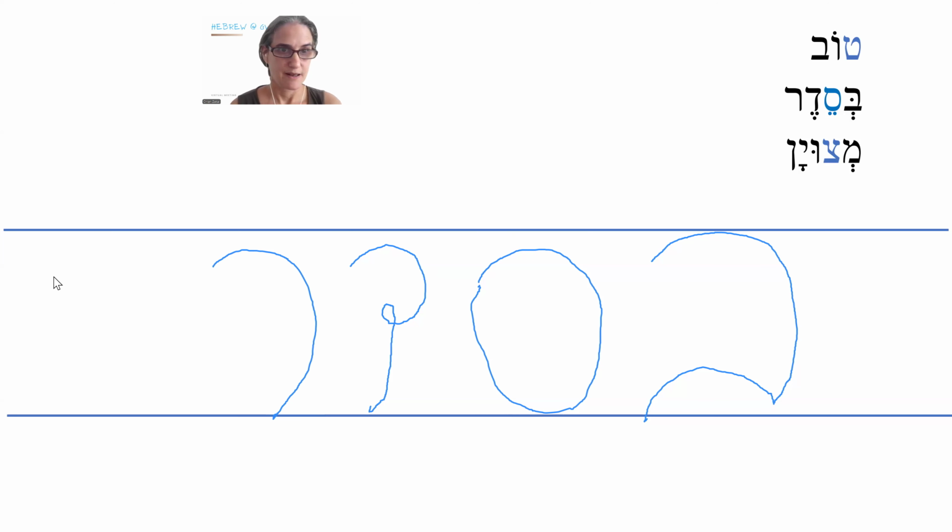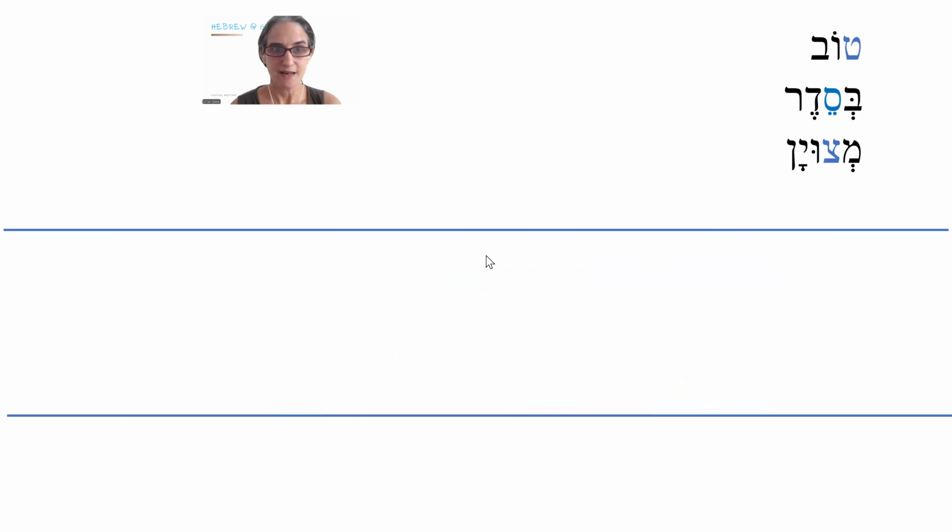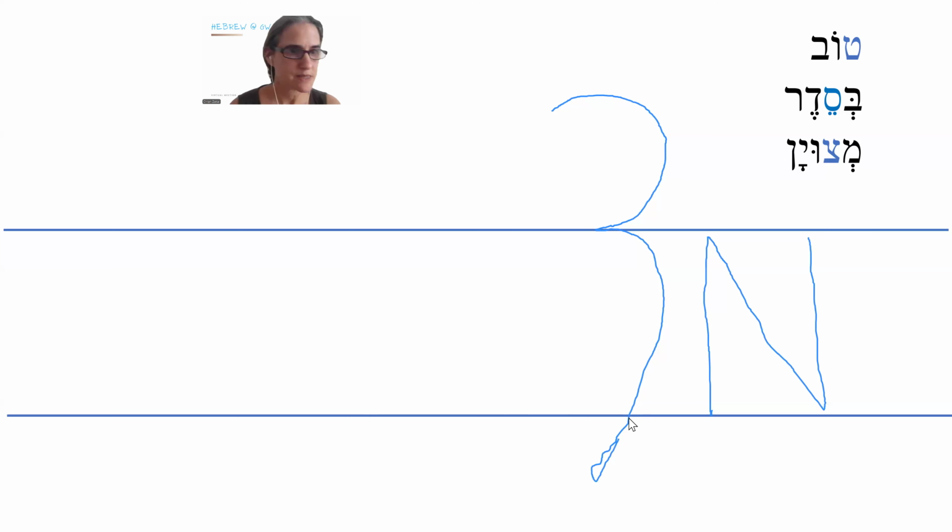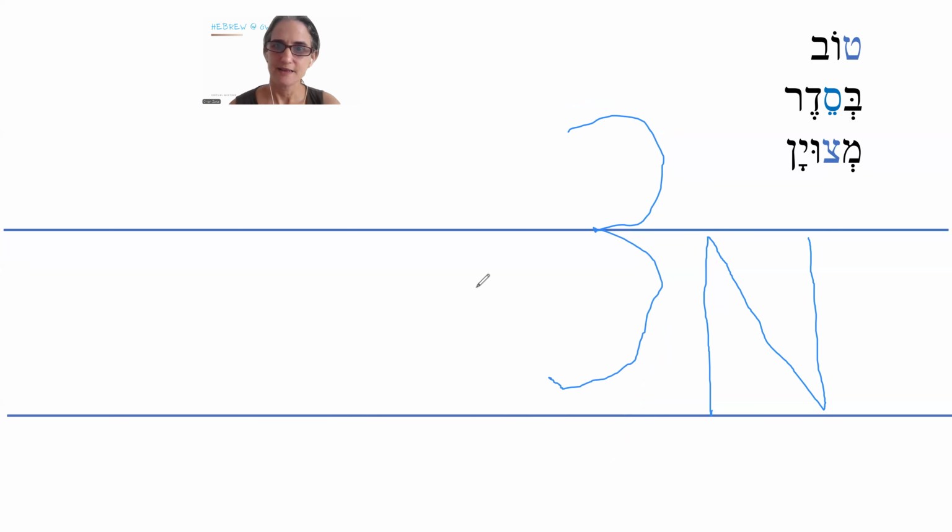Okay, and finally, let's write מצוין, excellent. We start with a mem that looks like an N. And then let's do the regular tzaddik, like a big three.